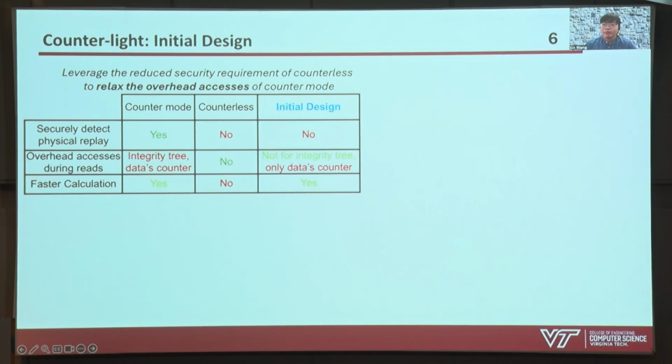As I said earlier, counterless encryption relaxes security requirements compared to counter-mode. It forgoes detection of physical replay. Since counter-mode encryption securely detects physical replay through the integrity tree, counter-led forgoes all accesses to the integrity tree while reading data from memory. When reading a data block, the memory controller only fetches the block's counter.